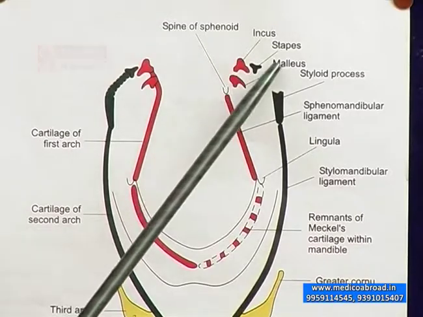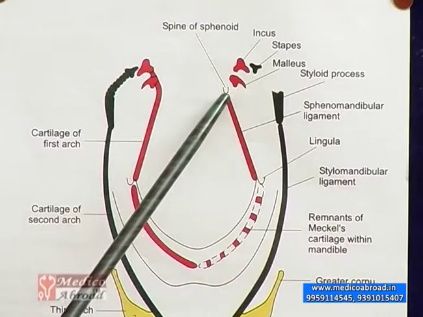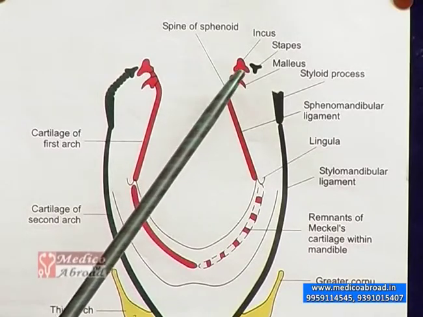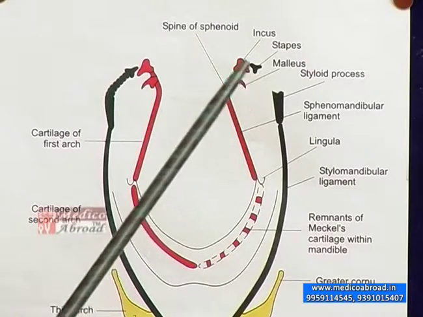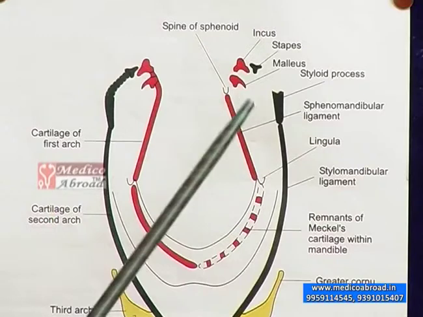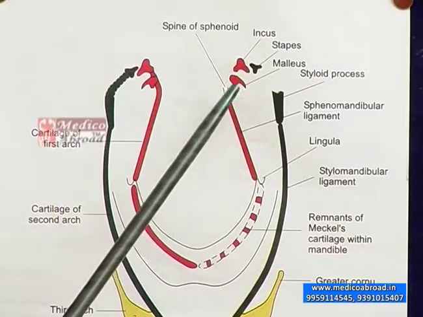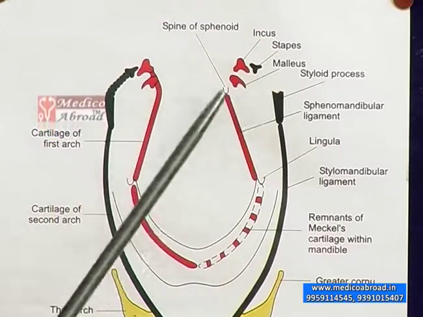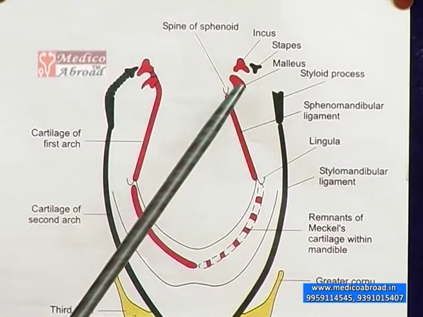The incus and the malleus, both are represented in red. Both of them are formed from the first branchial arch. The stapes though is formed from the second branchial arch. So from the dorsal end of the Meckel's cartilage you have the incus and the malleus which develop. All three of them are called ossicles, or middle ear bones.